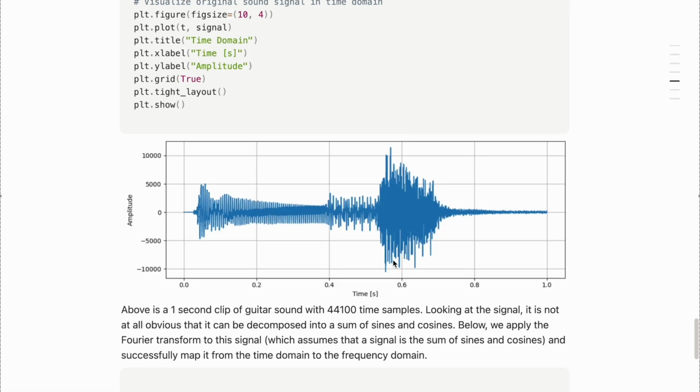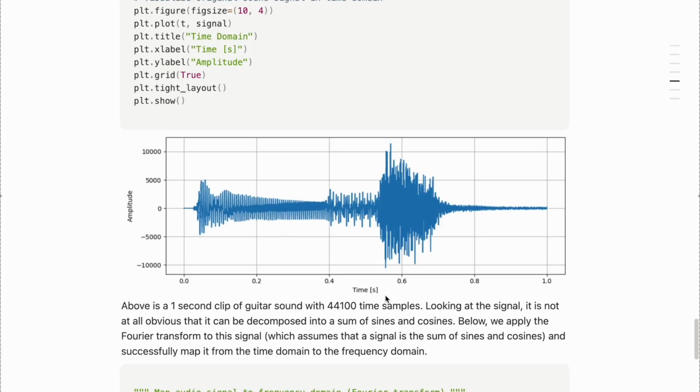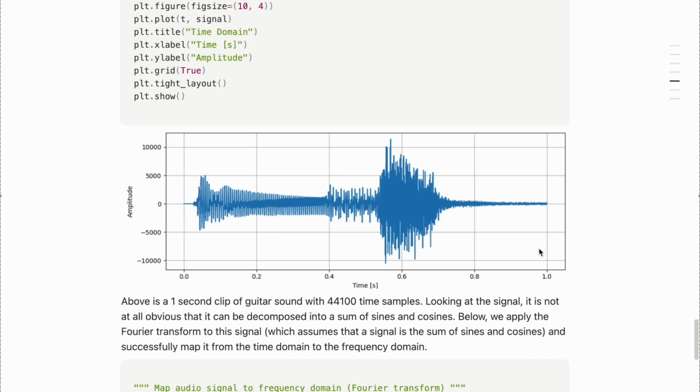It sampled it at a rate of 44,000 hertz. So looking at this signal, it's not obvious at all that it can be decomposed into the sum of sine and cosine functions. So let's see if we can achieve that.